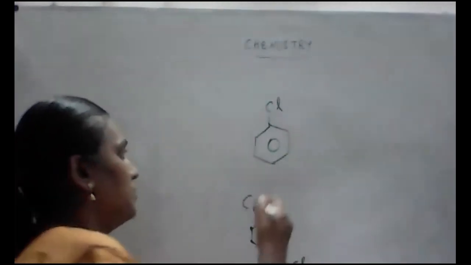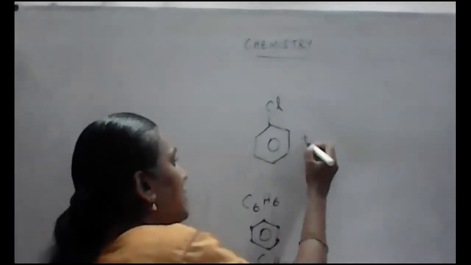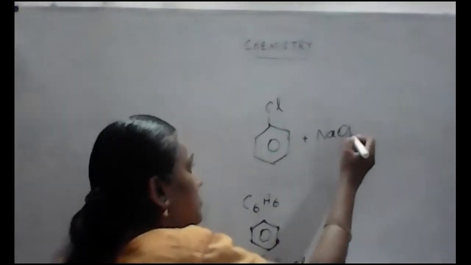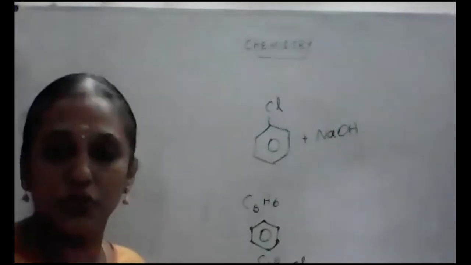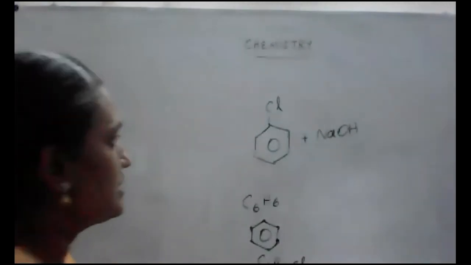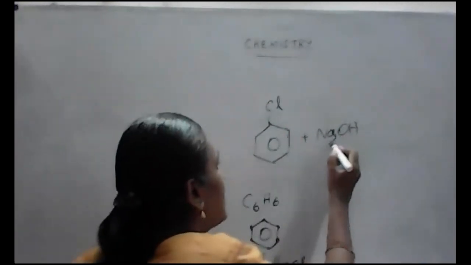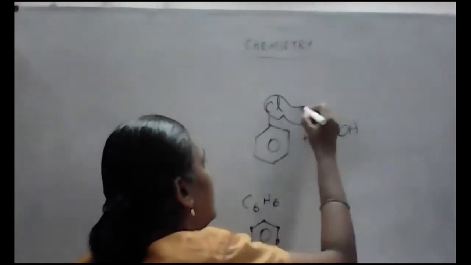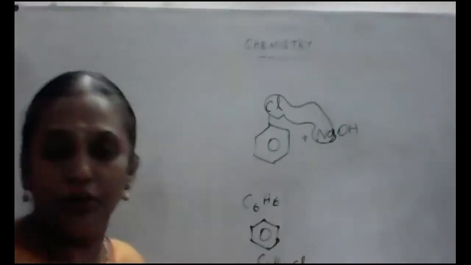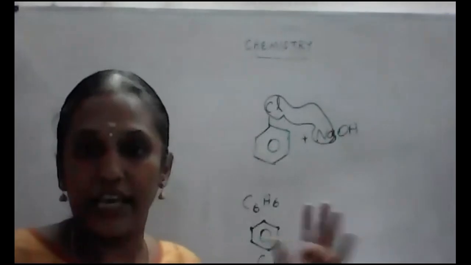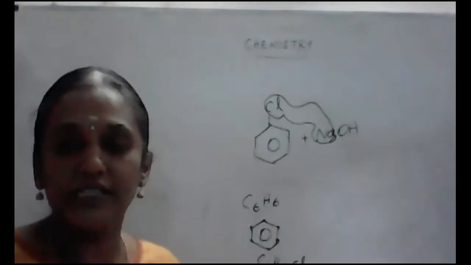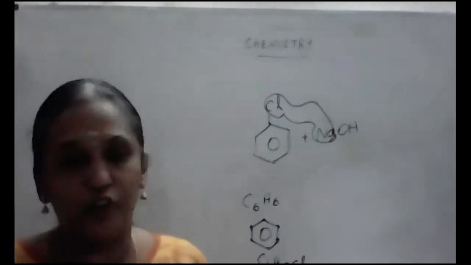We'll take chlorobenzene. I make it react with sodium hydroxide. Just assume this Na and this Cl will get attracted to each other and go out as NaCl. We have to go for the product now.